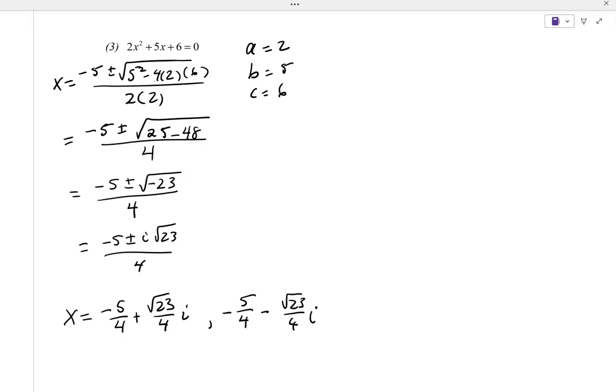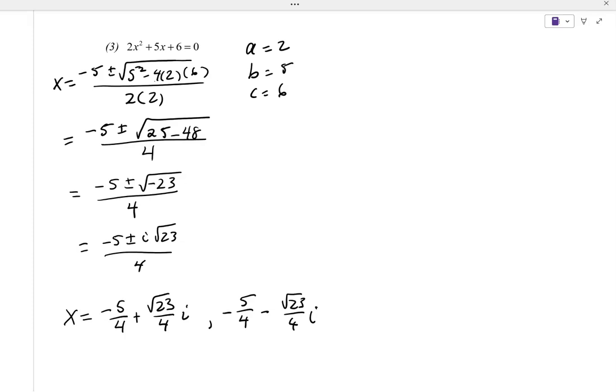So I told you before, everything above the bar is above the bar, right? So I've got negative 5 divided by the 4. And then you've got a plus and you've got a minus. So that's where the two different ones come from. You'd have the square root of 23 over 4, and then the i would get tagged on the end. So it looks exactly the same, except one's a plus and one's a minus. That's how you would do it in standard form and split it into two.